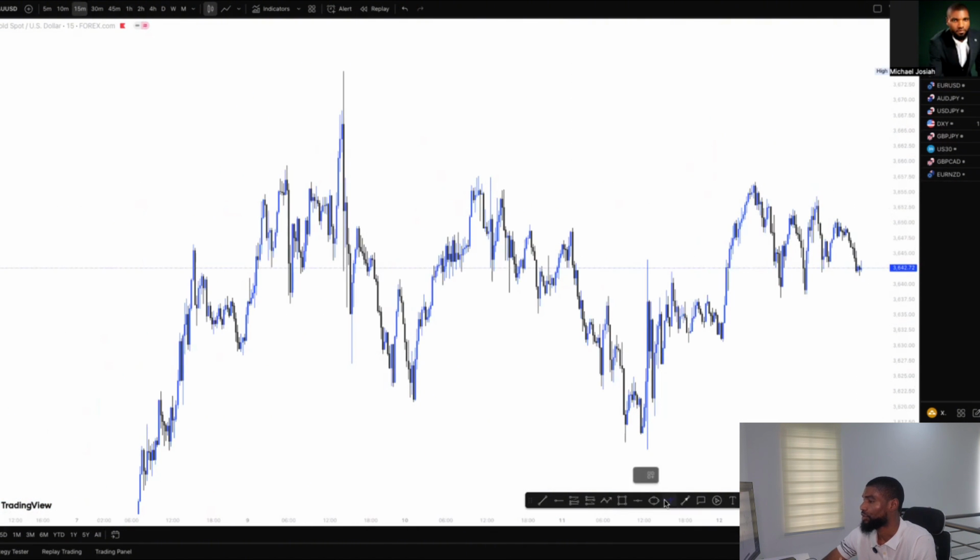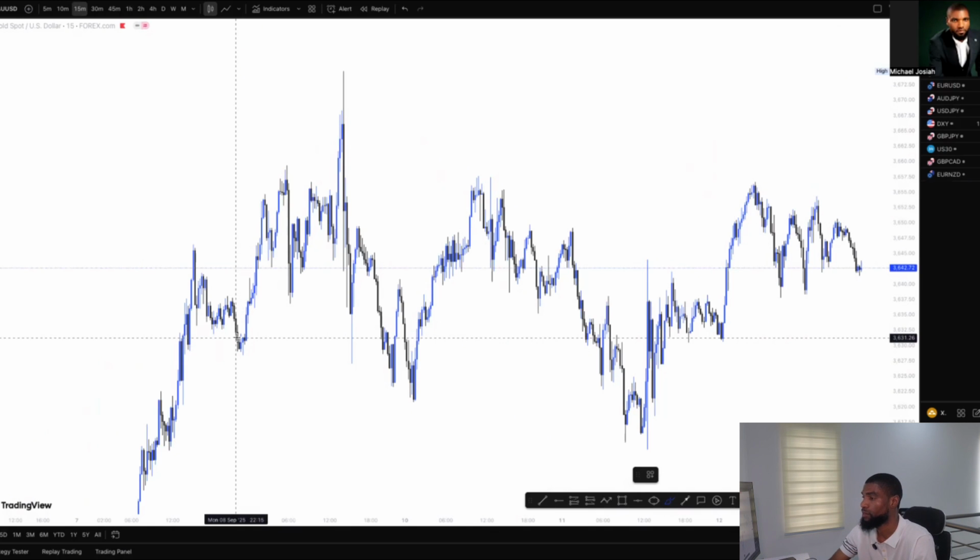So now here on the 15 minutes time frame, this is why I said structure is key in trading. You must understand structure, and it is very easy. So in my mentorship, I make sure that I broke down structure in 3 parts, which is part 1, part 2, and part 3.